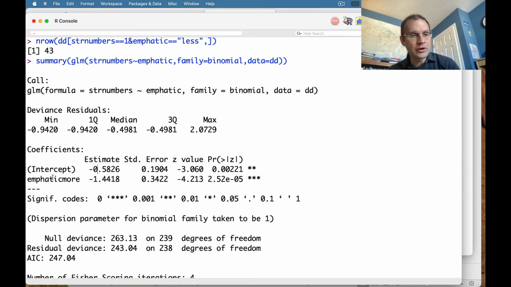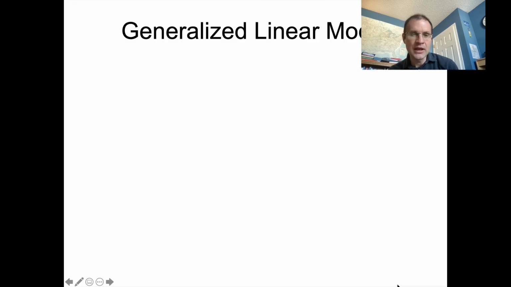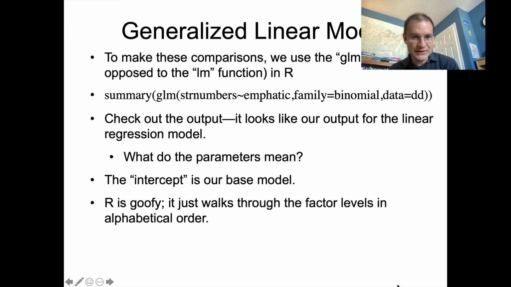And where we normally expect kind of the slope for a factor, we get that here. So we have an estimate of negative 0.58 for the intercept and what looks like an estimate of negative 1.44 for whatever the slope happens to be. There are p-values for these guys as well. They're both starred as being significant. Let's not worry about that too much. For now, we'll just say the intercept is our base model in this particular case.